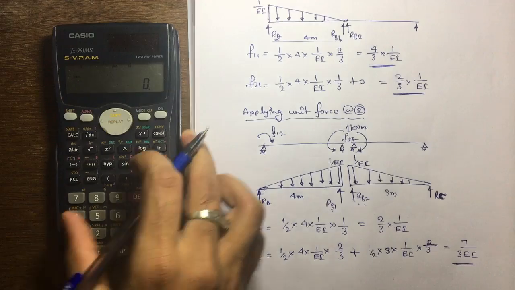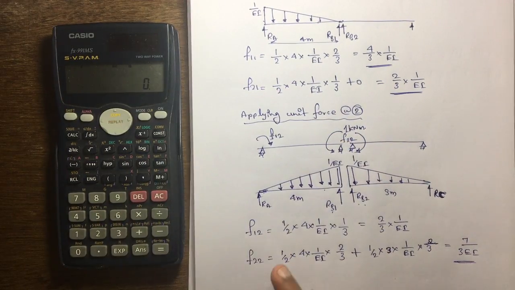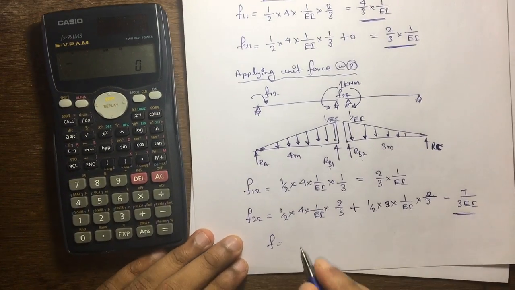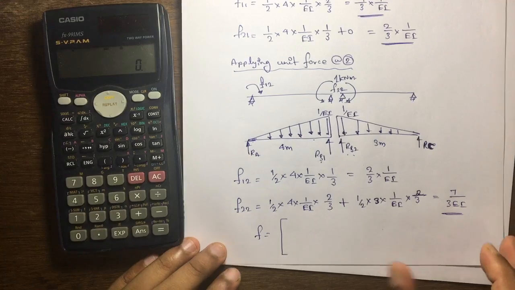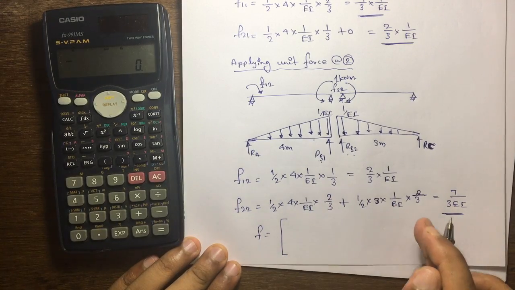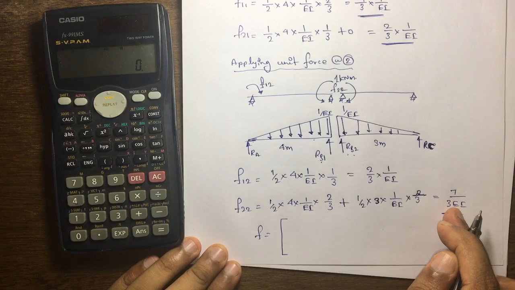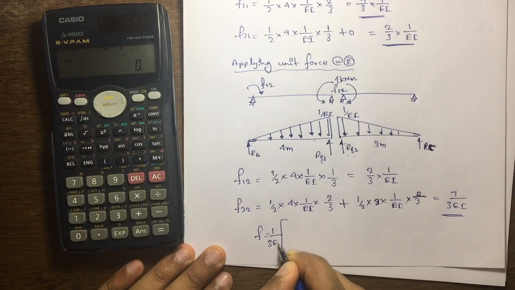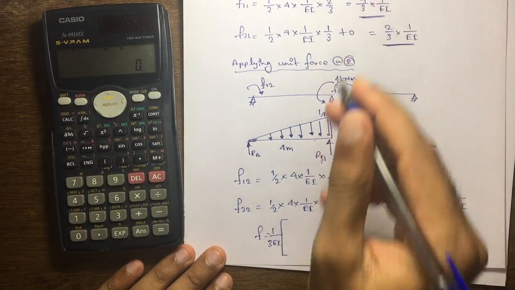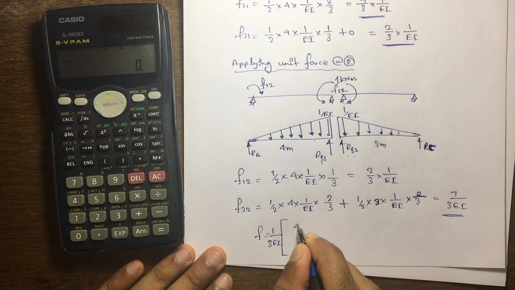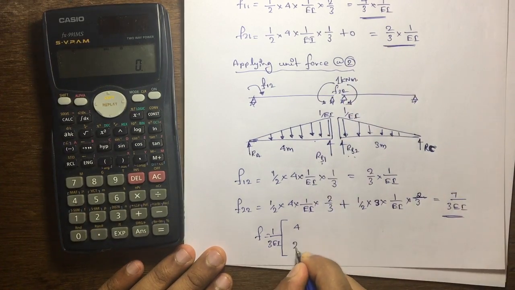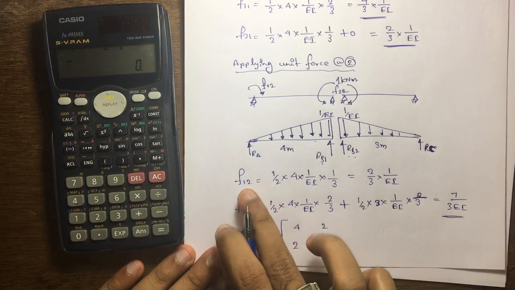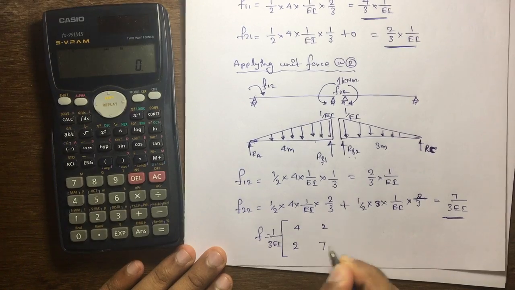So I got F11, F21, F12, F22. If I write that flexibility matrix, F11 value is, I can take 1 by 3 EI common outside, therefore first term is 4, second term is 2, third term is 2, F12, F22 is 7.